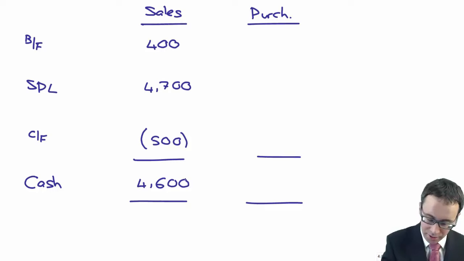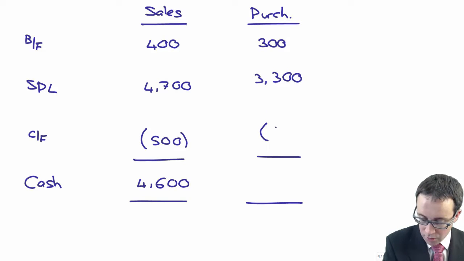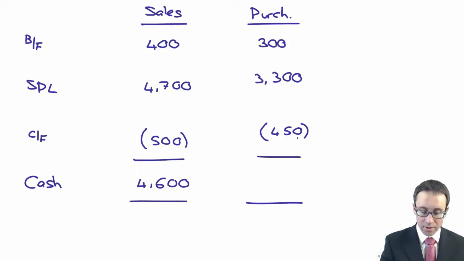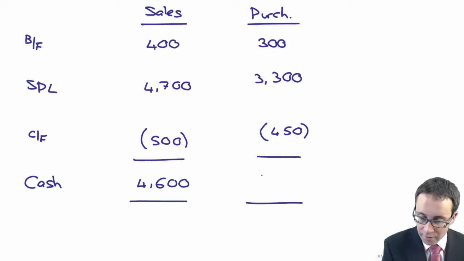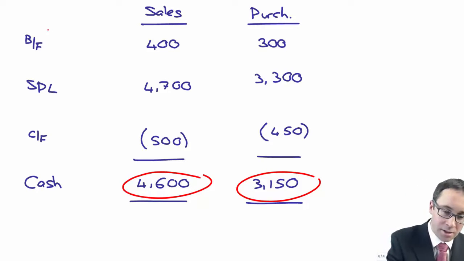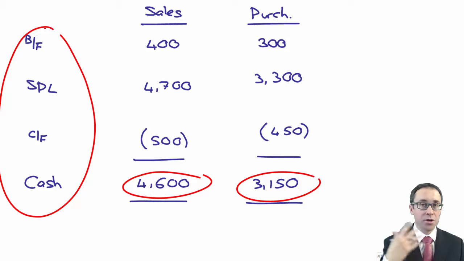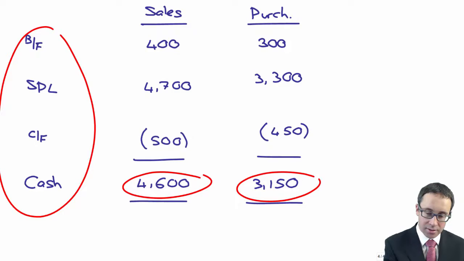And similarly with the purchases related to your payables, you take your opening, you add on the statement of profit or loss figure, you deduct the closing figure, which was 450. Was that 3,150, if memory serves me right? Yes, it gives me 3,150. So you've got exactly the same figures as with the T account, using this shorthand method. Take your opening, add on the expense or income, and then deduct the carry forward figure. Up to you. Use that method if it makes it easier.